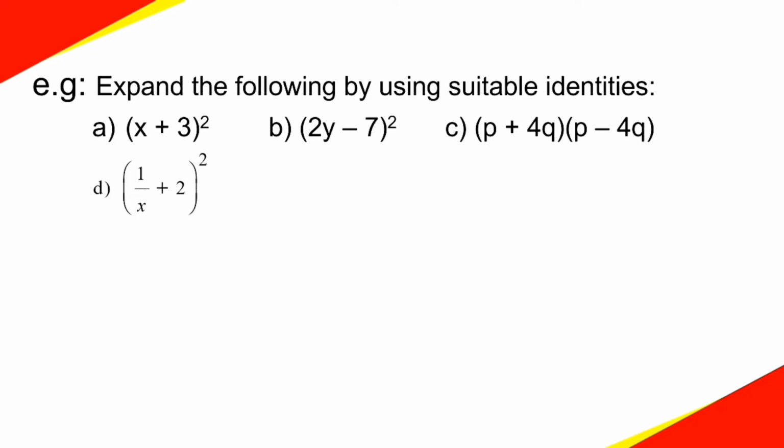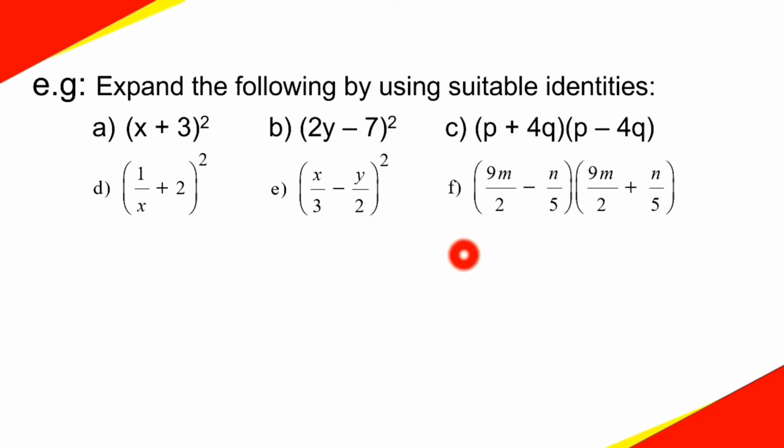Next option, option D, (1/x + 2)². Next, option E, (x/3 − y/2)². Last option, option F, (9m/2 − n/5)(9m/2 + n/5).